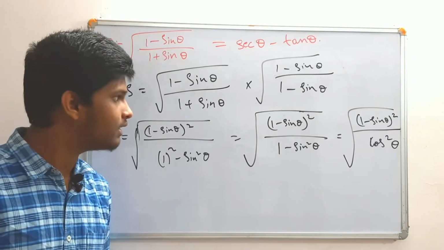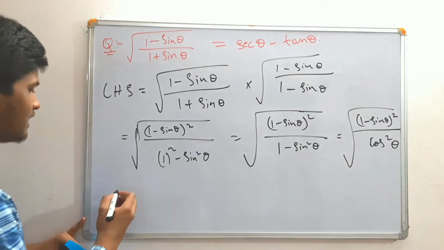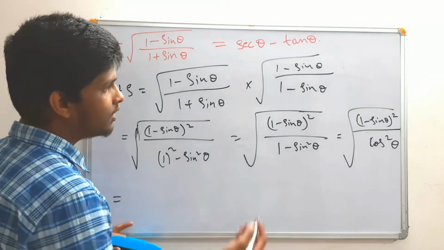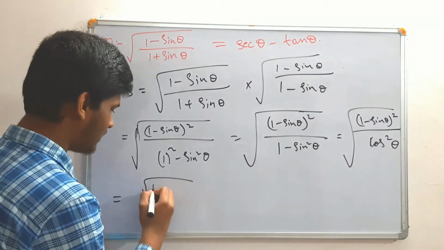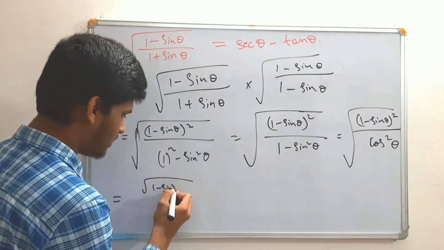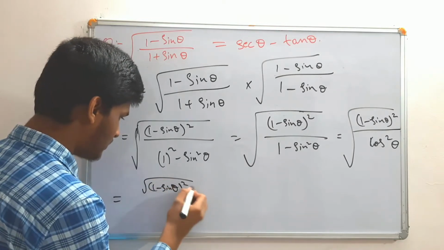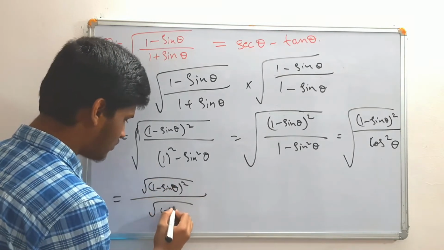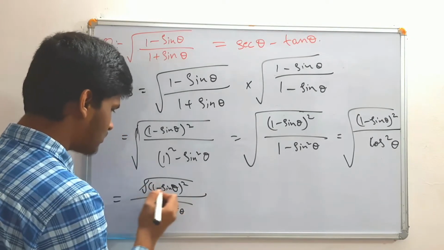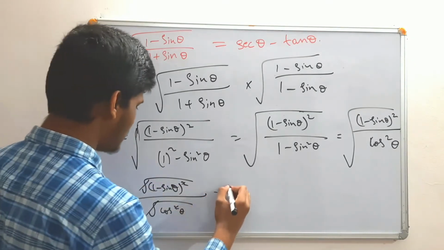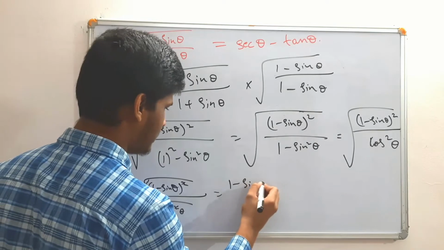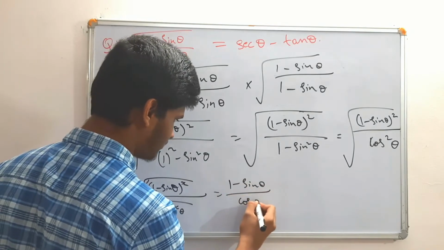Okay, now let's get into the question. So now we don't want the root. So you get 1 minus sine theta whole square by cos square theta under the root. Square and square root get cancelled. You remain with 1 minus sine theta by cos theta.